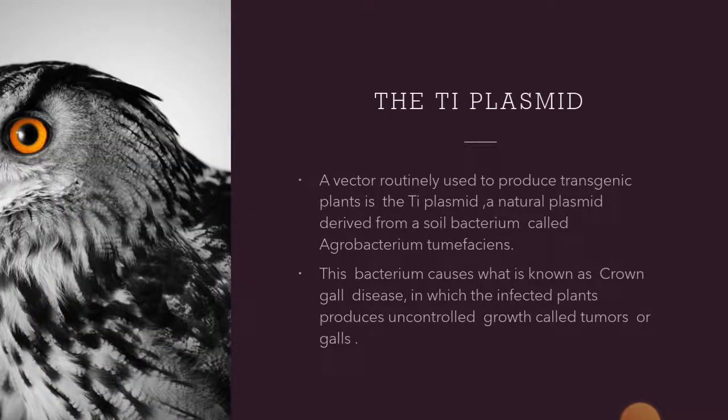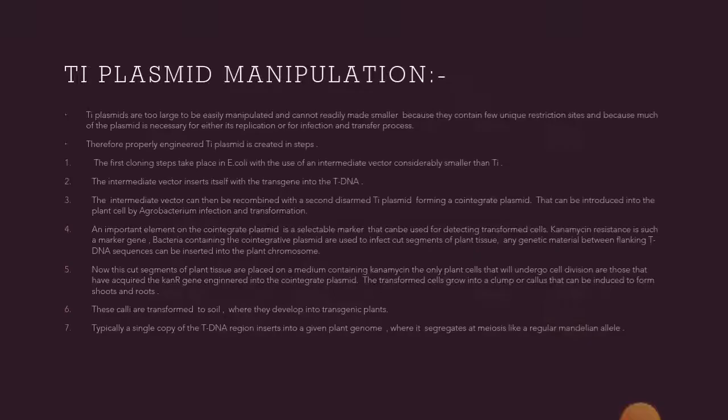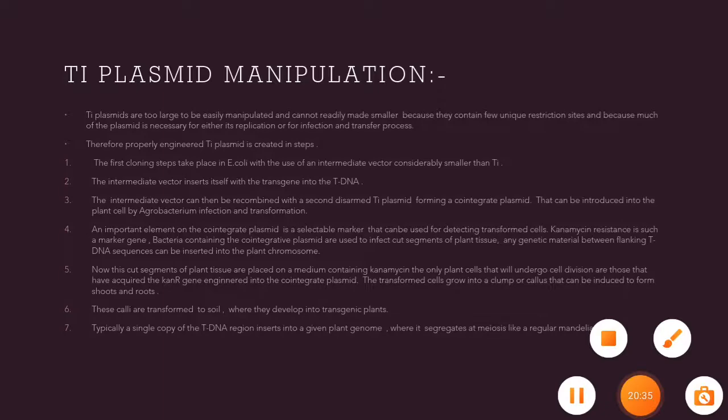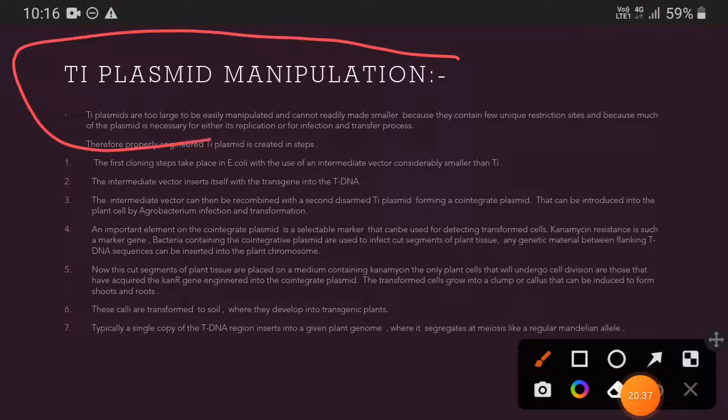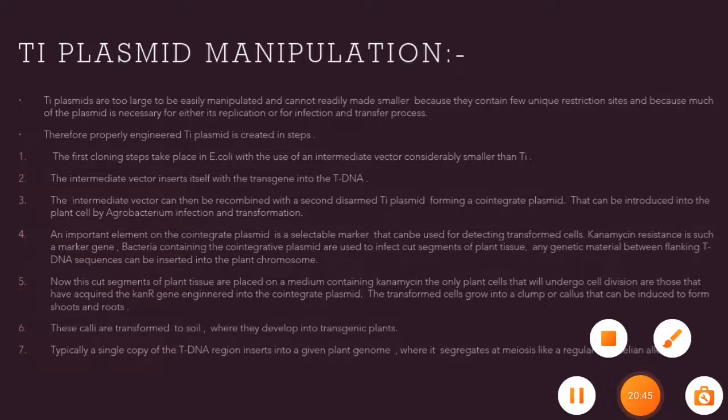Today we have discussed the Ti plasmid, how the Ti plasmid usually causes infection in an overall manner. We are going to discuss that particular topic, the infection mechanism, in depth in our upcoming videos. And we have discussed the Ti plasmid manipulation, how we can generate the Ti plasmid in such a way that we can use it for our purpose.